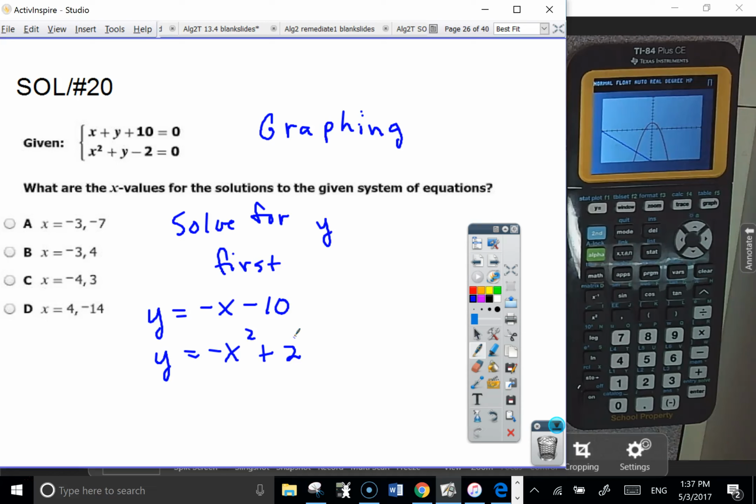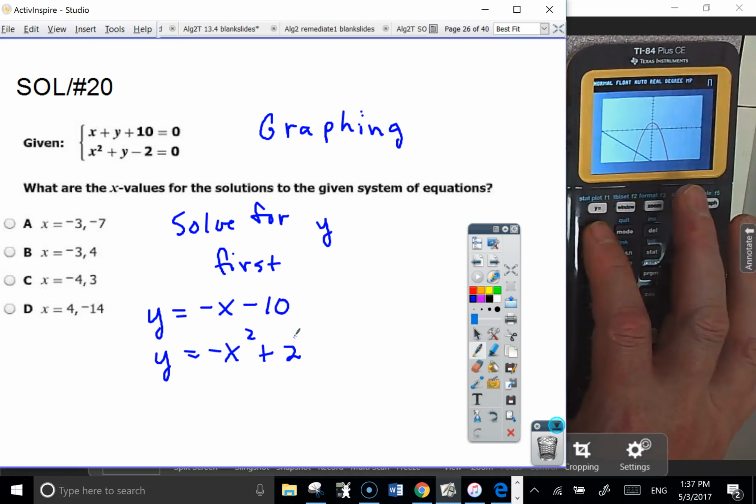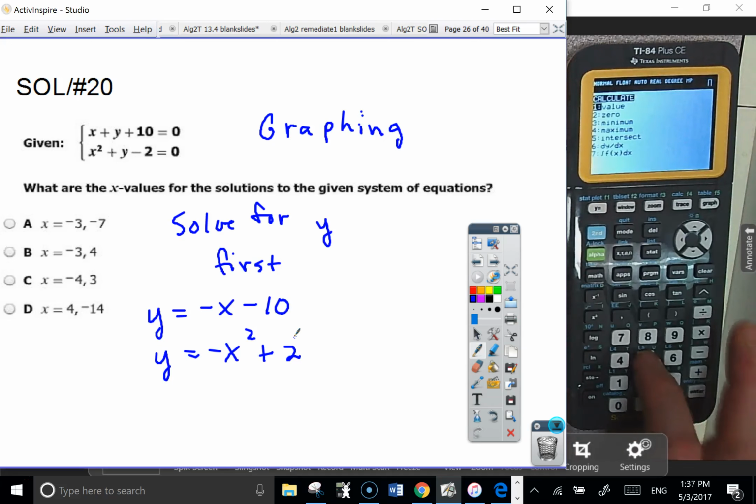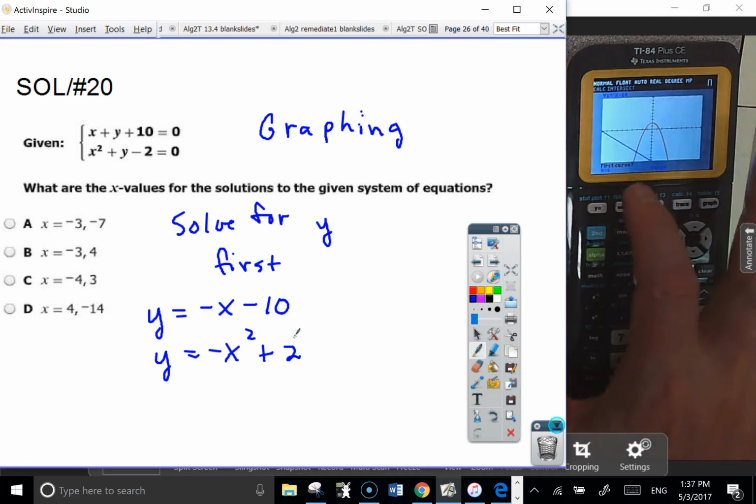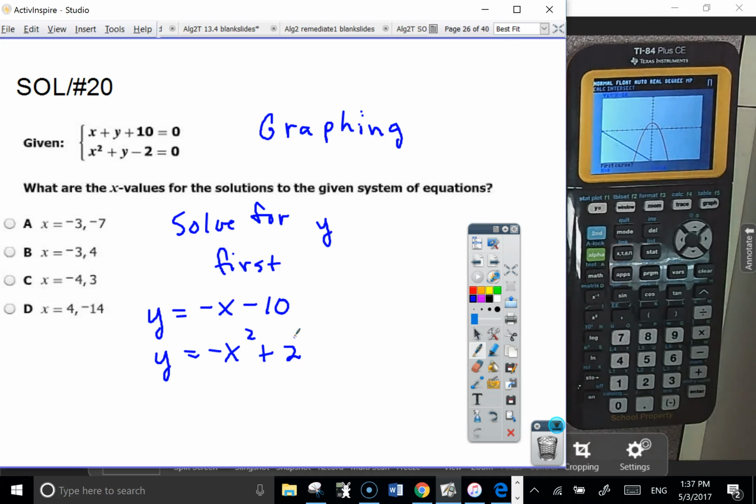What are the steps? Second, trace 5. Then what? Enter, enter, enter, right? So notice that it says it's asking me first curve, and it's giving me a point. The cursor is blinking on one of the lines, and it's giving me the point x is 0, y is -10. So it's already on a curve, so I hit enter, enter, enter.